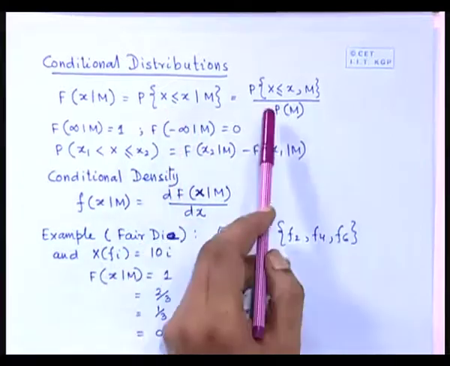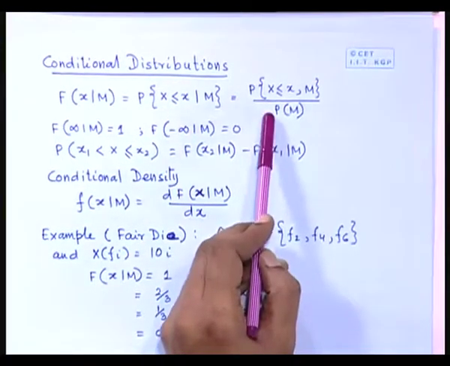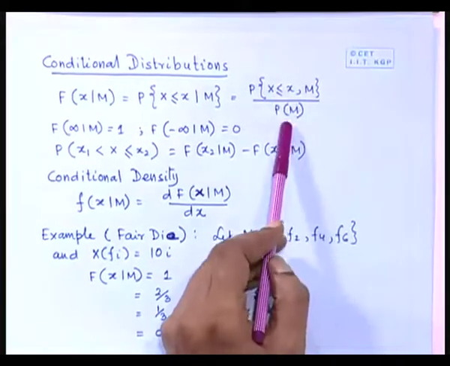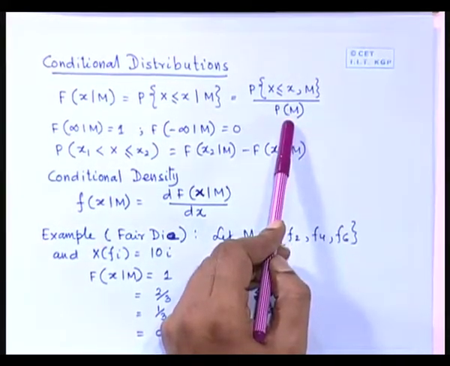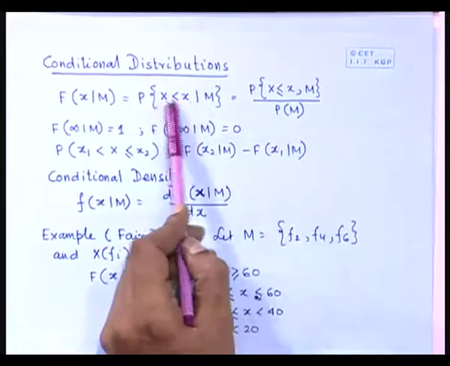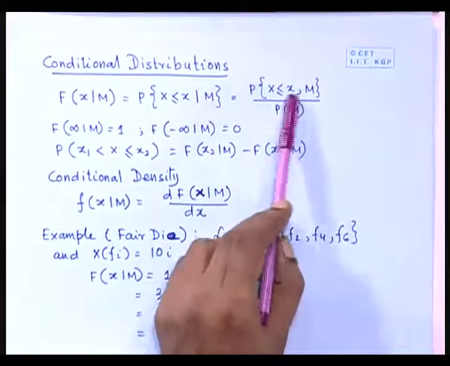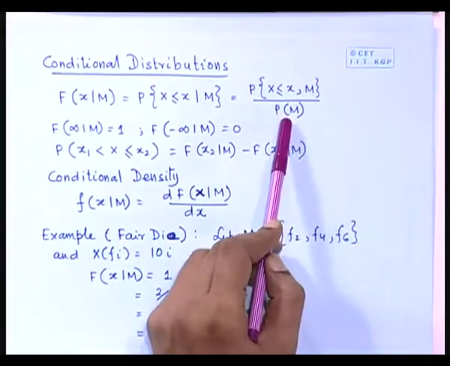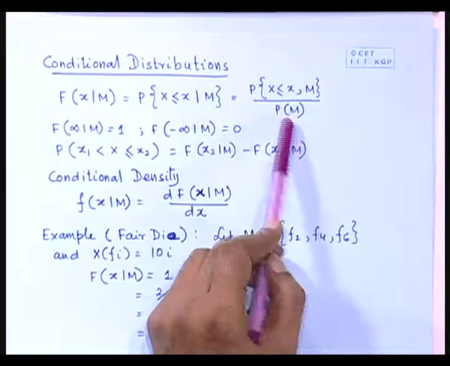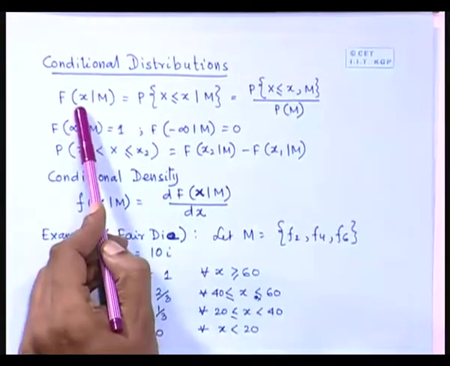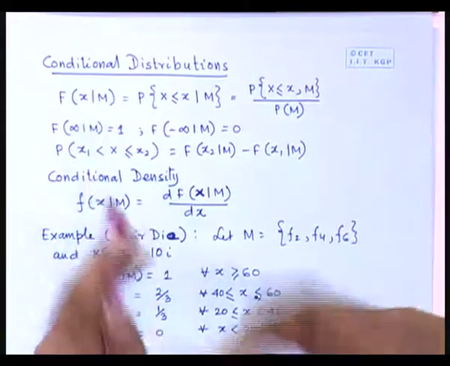By the same rule, it is the probability that both occur jointly divided by the probability of M. This is our standard conditional probability rule: probability of A given M is probability of A and M divided by probability of M. And F of x given M is also a probability distribution just like F of x, so it must obey all its properties.